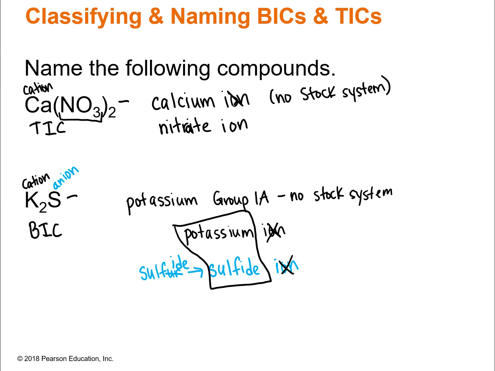You get rid of the word ion. It's going to bug me if I don't rewrite that. I'm one of those people. You get rid of the word ion. And you have calcium nitrate.